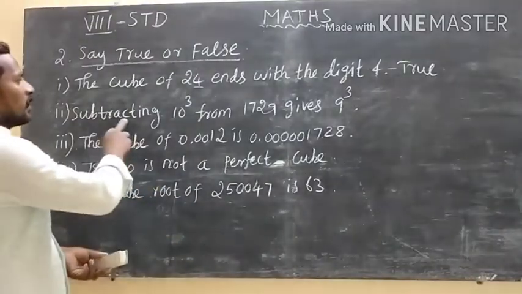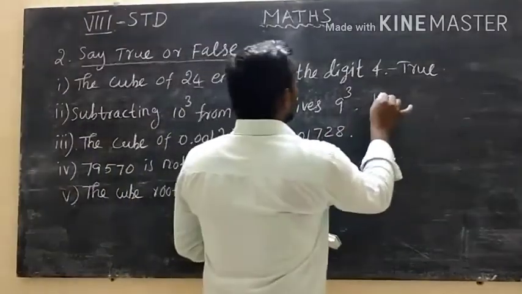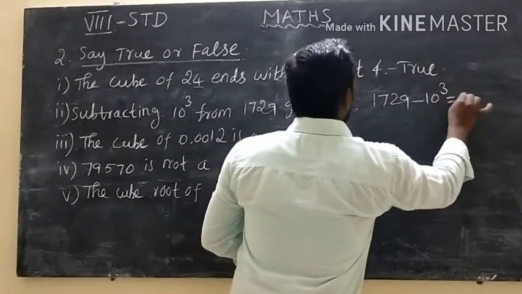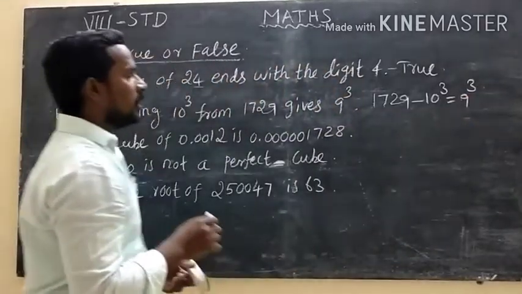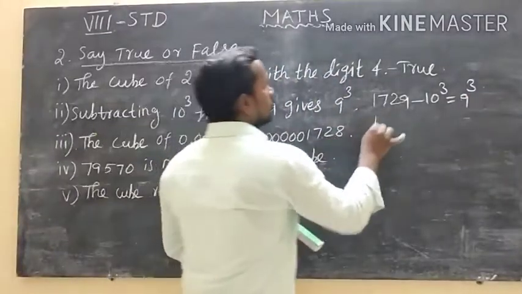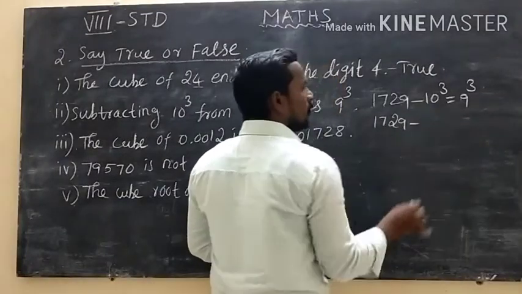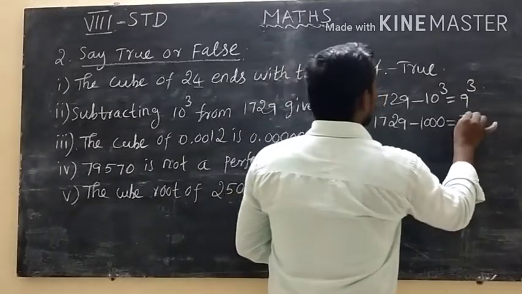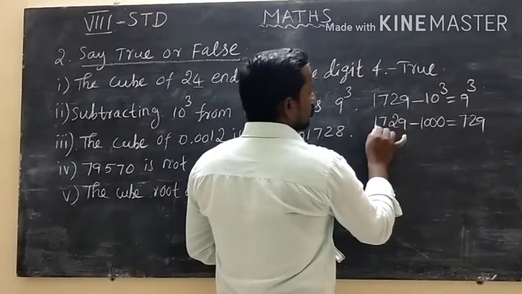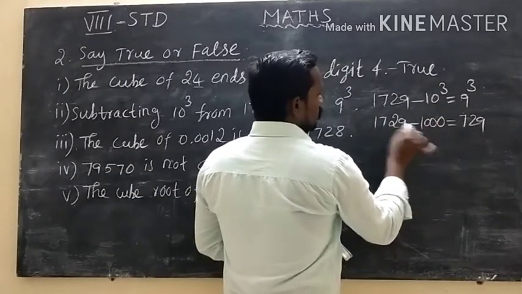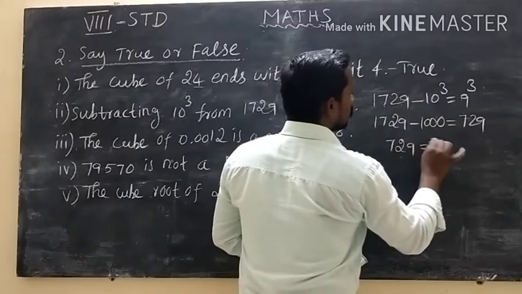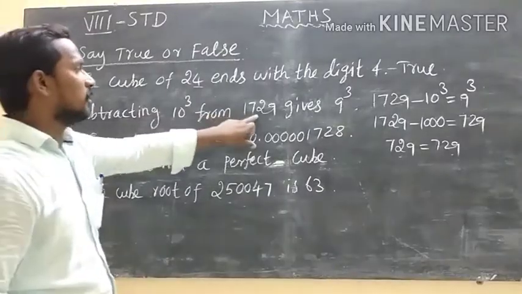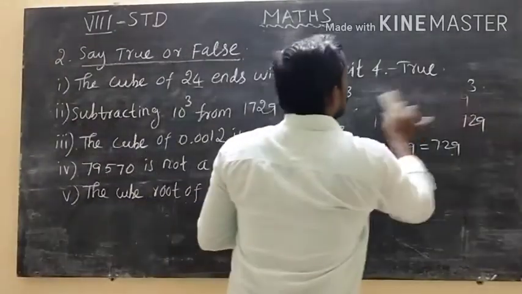Check if this is true or false. 1729 minus 10 cube, which is 1000, so 1729 minus 1000 we get 729, and 9 cube is equal to 729. Yes, it is true. Subtracting 10 cube from 1729 gives 9 cube. It is true.